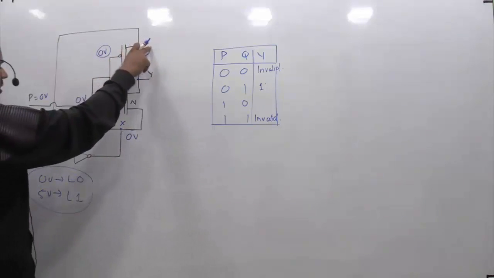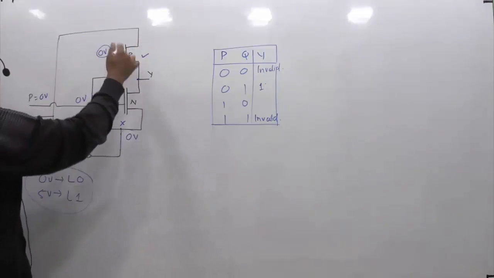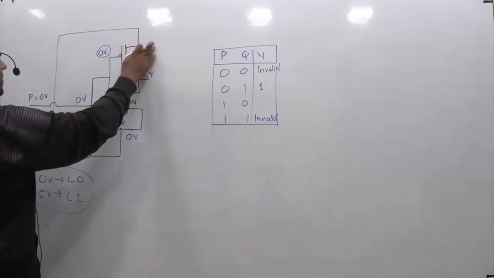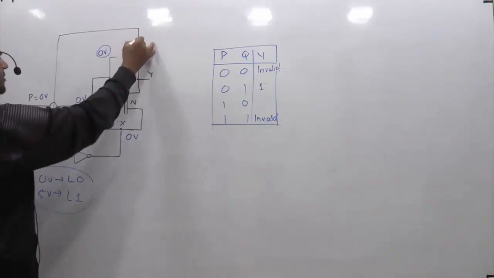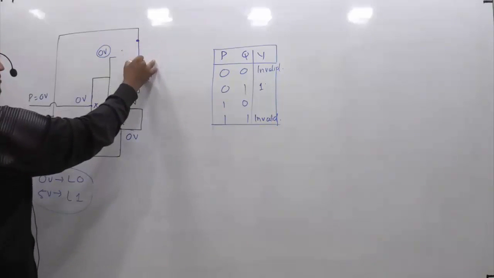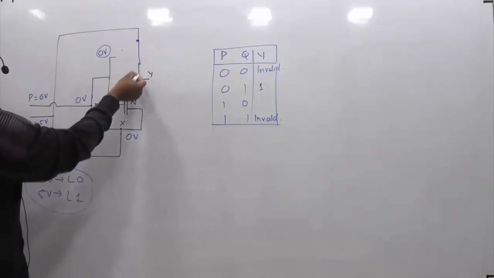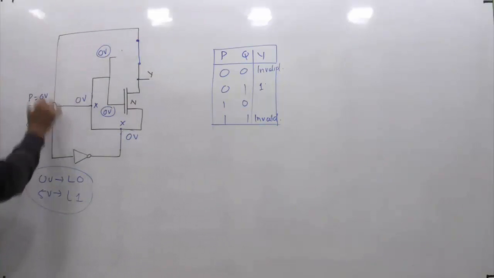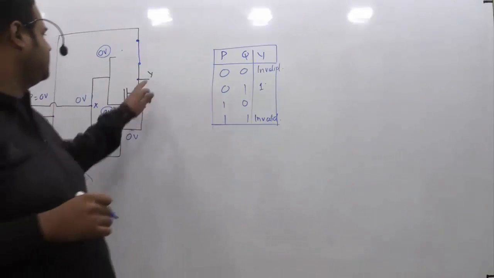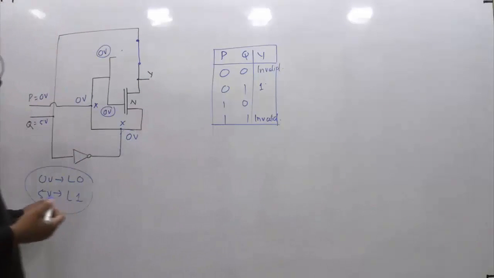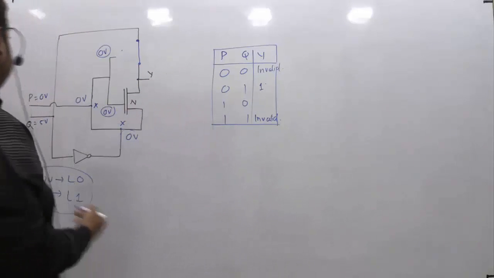PMOS will be on, NMOS will be off. If PMOS is on, this will work like a short circuit. In other words, 0 volts means the PMOS will be replaced by a short circuit. If this is replaced by a short circuit, this node is equivalent to the same node because this is the same shorted path. So this is 5 volts, and 5 volts corresponds to logic 1. That's what I've written, logic 1.